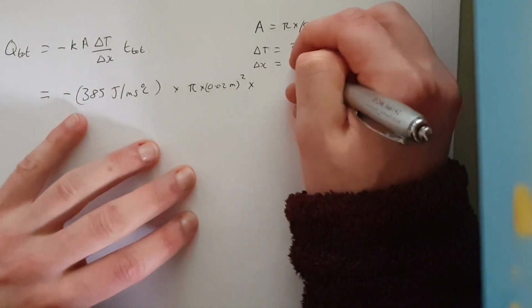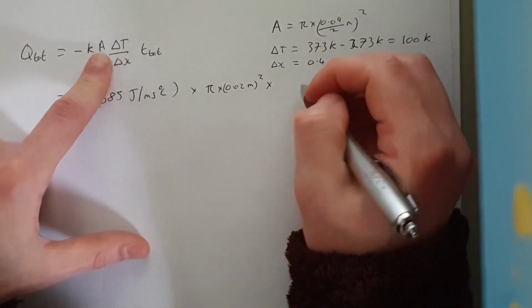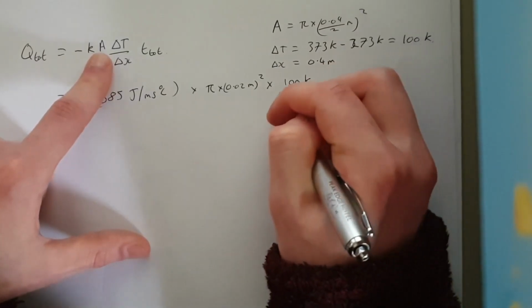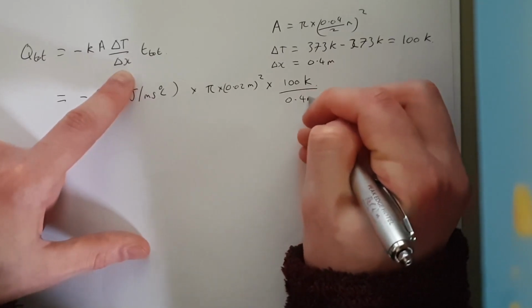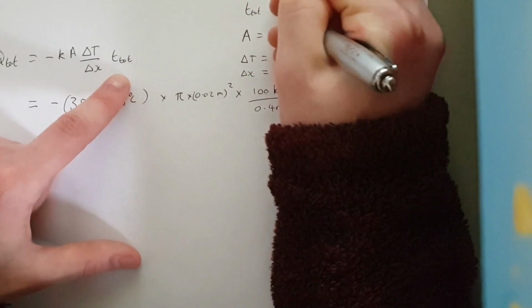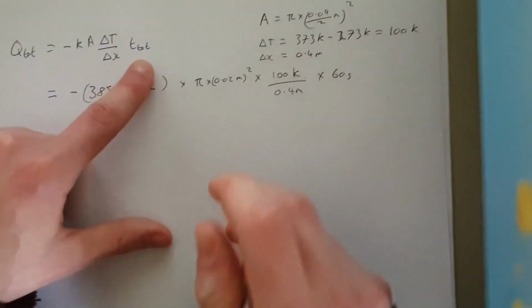And delta X is 0.4 meters. So delta T is 100 K over 0.4 meters times T tot, which is 60 seconds.